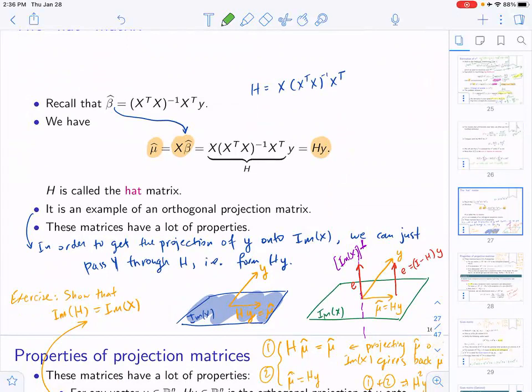How many people have seen this? Have you seen the hat matrix before? I guess Danny should have seen it because he mentioned it. Other people have seen it? No, not outside this class, okay? Yeah, sorry, I've seen it. Okay, so where did you see it?